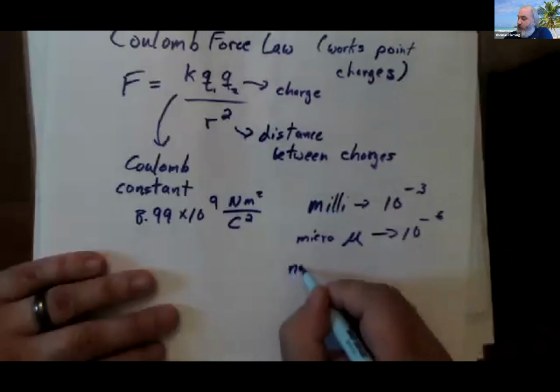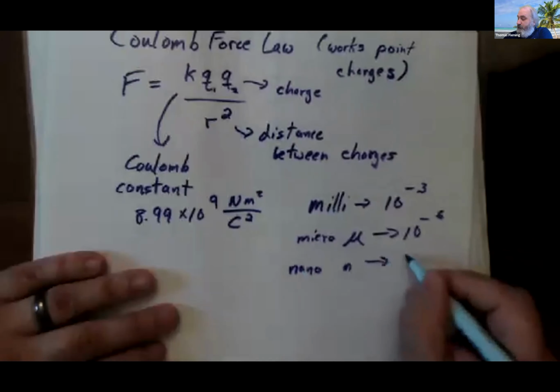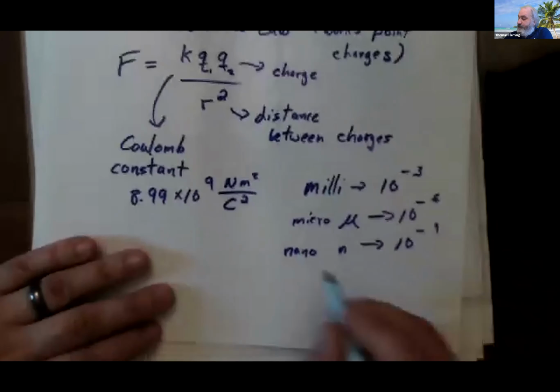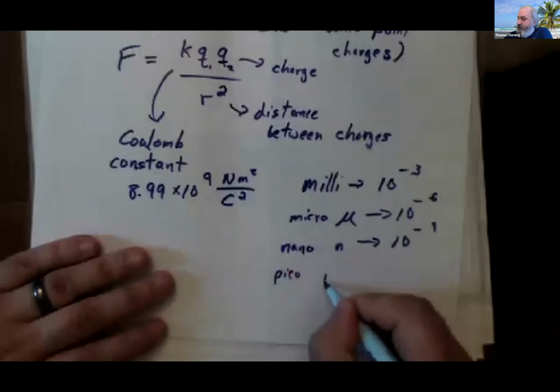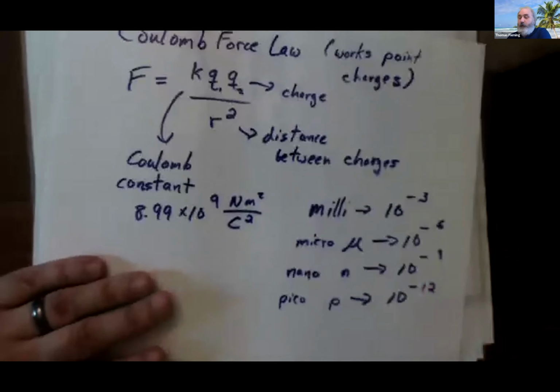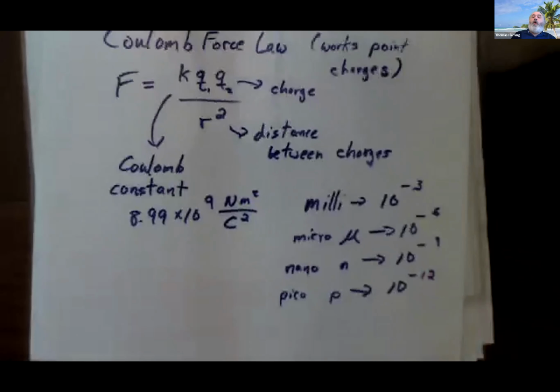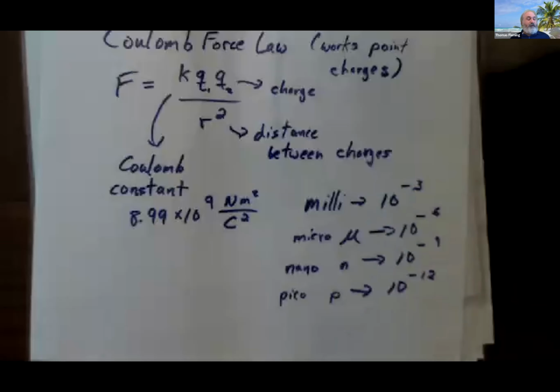Sometimes you'll see nano, that's just n, 10 to the negative 9. And even pico, which is lowercase p, that's 10 to the negative 12. So 1 picocoulomb is 1/1,000,000th of a coulomb. So make sure you bone up on those because you guys are science majors and I expect you to know the metric system.